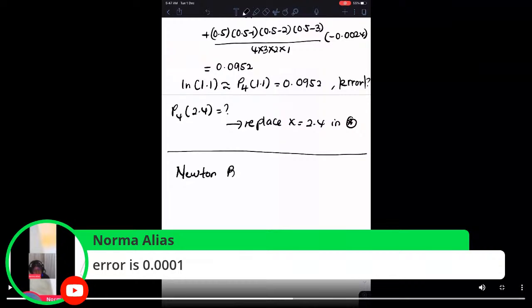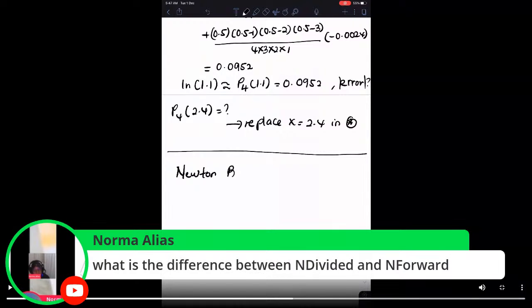Now my question: what is the difference between Newton divided and Newton forward? Can you write your answer here?